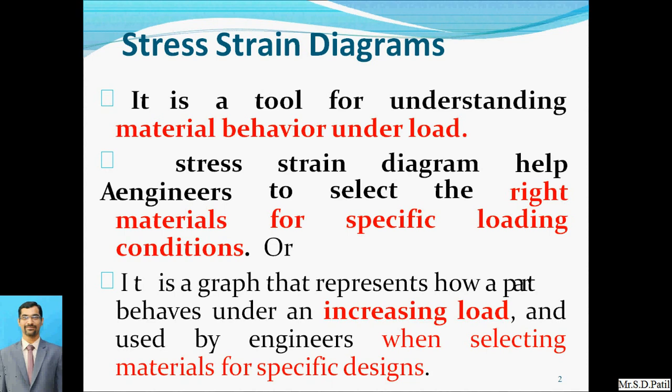So basically the stress strain diagram is a tool for understanding the behavior of the material under load. It helps an engineer to select the right material for specific loading conditions. When certain kinds of loadings are there, the stress strain diagram plays a very important role in choosing a particular material.